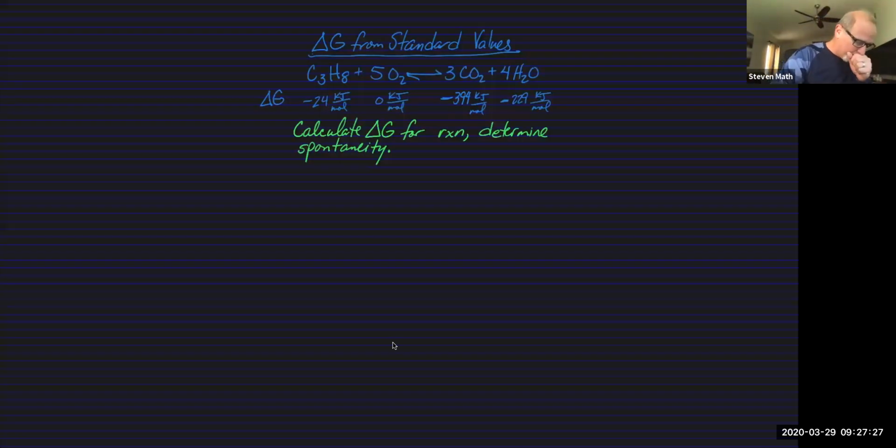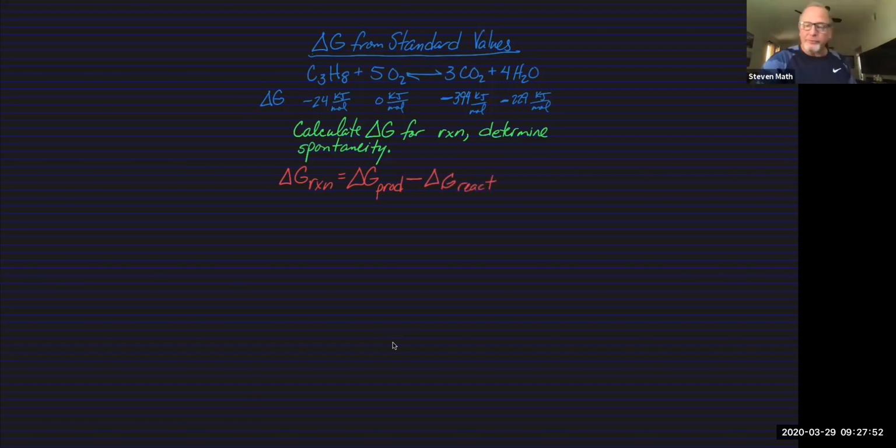As I say, the equation is given to us, and these values are given to us. So to calculate delta G, this is really just simply delta G of our reaction is going to be equal to delta G of our products. Just remember, it's always products minus delta G reactants.